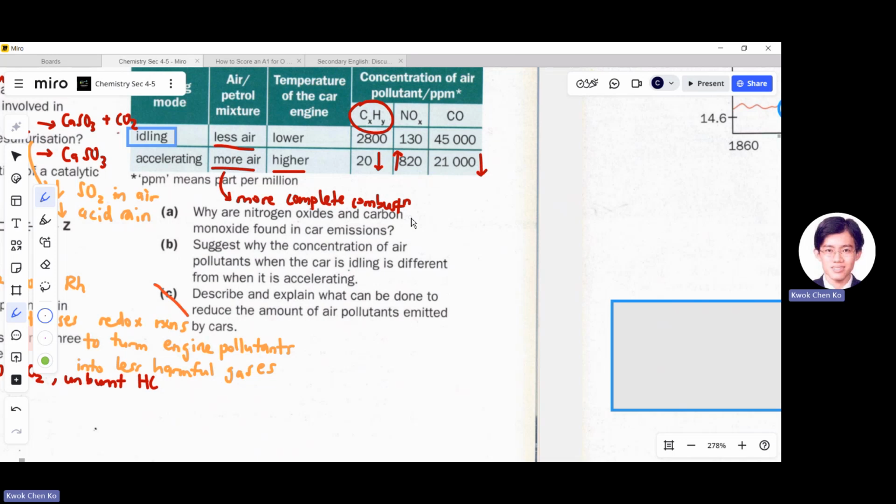Okay, so let's structure our answer. Accelerating: basically, temperature is higher. So this is conducive to producing more NOx.